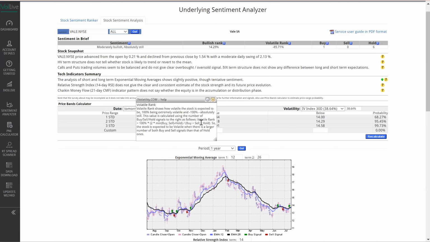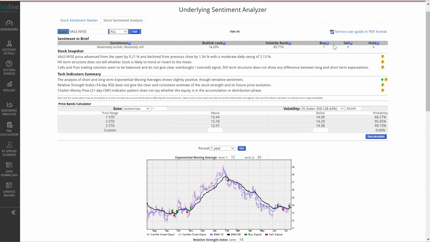Volatility rank is similar. 100% would be extremely volatile, so this thing is bouncing all over the place. Minus 100% would be still, like a lake with no ripples, clear water. Here at minus 85.71, we're close to absolutely still, which is why we see this reading right here, because this is summarizing these two fields.